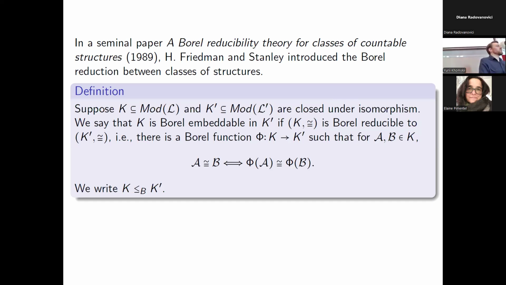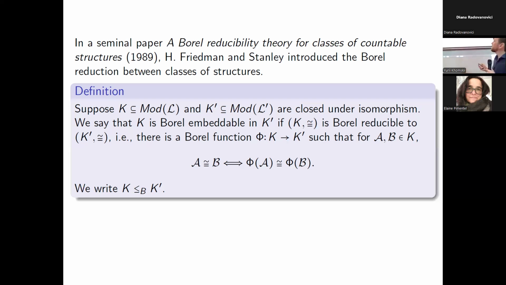So one could be some class of graphs, could be all graphs, it could be specific kinds of graphs. The other one could be, say, fields. These classes should be closed under isomorphism, so I'm really thinking of them as sets of isomorphism types. And we're going to say that K is Borel embeddable in K prime if the isomorphism on K is Borel reducible to isomorphism on K prime, right?